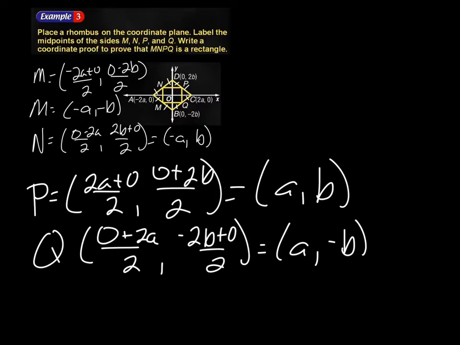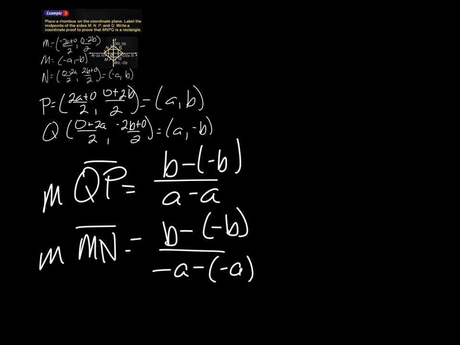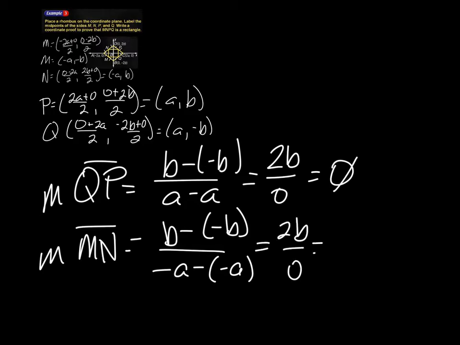We're trying to prove that MNPQ is a rectangle. A rectangle has opposite sides parallel and consecutive sides perpendicular, so we want to get their slopes. We started with the vertical lines, and anything divided by 0 is undefined, which we would expect because they look like vertical lines, so their slope should be undefined.